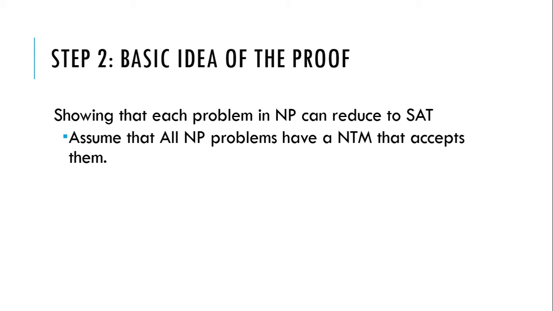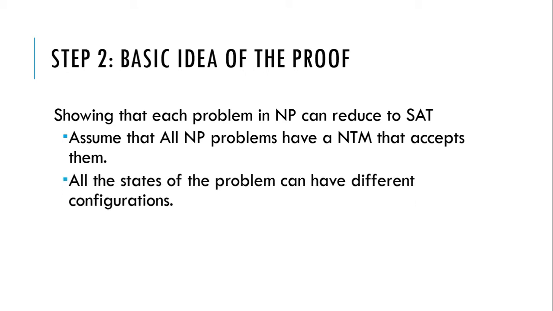We have to start off by making some assumptions about the NP problems. The first assumption is that all NP problems have a non-deterministic Turing machine that accepts them. And again, we have to realize that all the Turing machines are going to have multiple states, and each state is going to have different configurations.